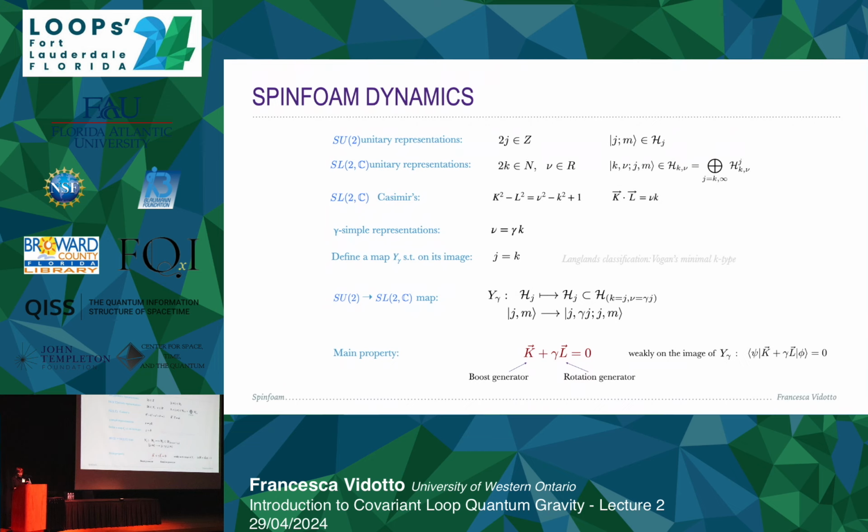And in fact, it's double. So for each representation of SU2, I have twice a block with the same representation in the Lorentz case.